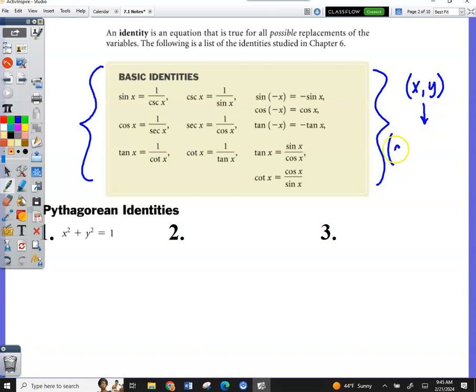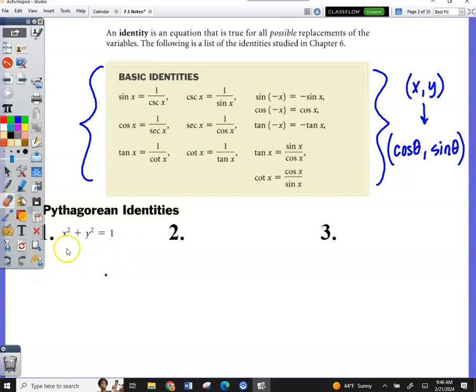Careful. Cosine. And we're going to go ahead and start writing theta. So they're using cosine theta, and instead of y, they're using sine theta. We are going to replace, for x and y, cosine theta, sine theta, right here in the Pythagorean theorem. So this would give me cosine theta squared plus sine theta squared equals 1.